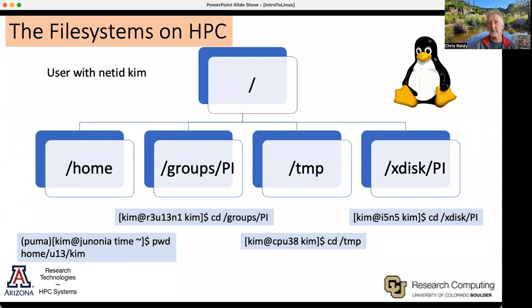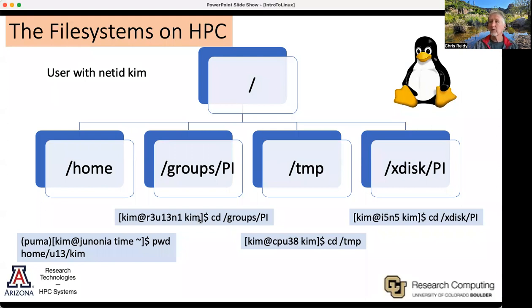You have 50 gigabytes of space to put things into home. And what it actually looks like, and I'm using a hypothetical net ID of Kim, the path for Kim could be /home/u13/kim, and the U number is just something that the university provides to split up all of the users into manageable groups. You don't even have to worry about that.